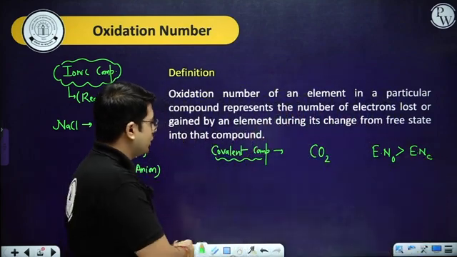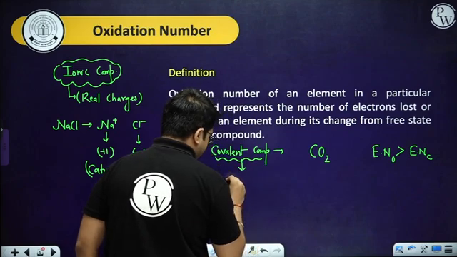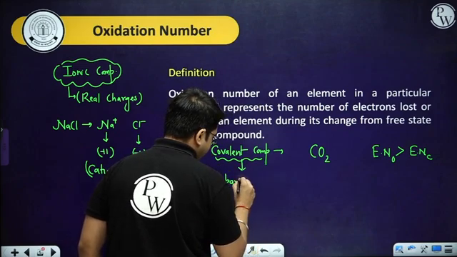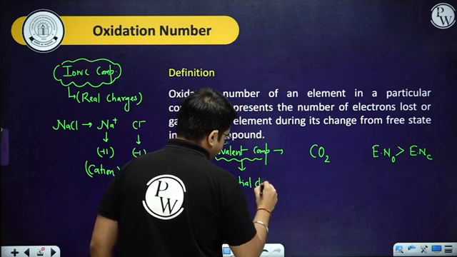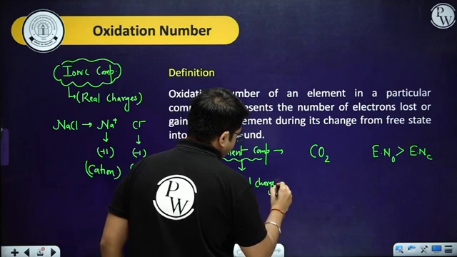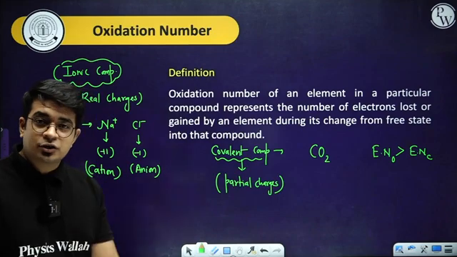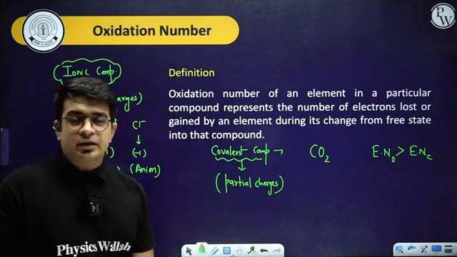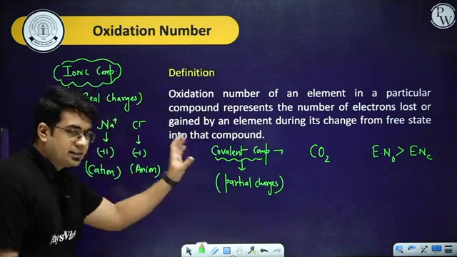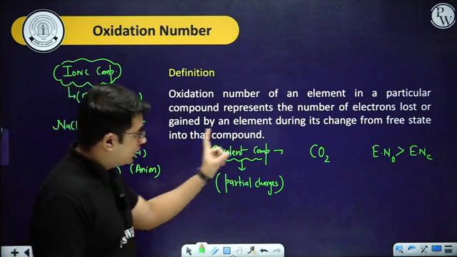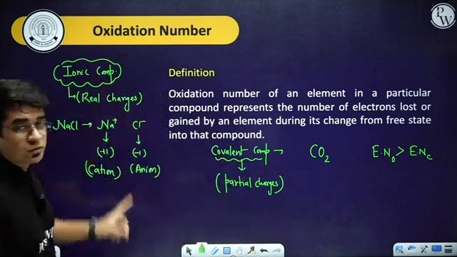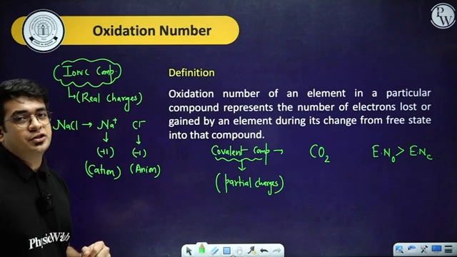So in case of a covalent compound, one thing we know is that there is a creation of partial charges, but there is no creation of real charge. So if I want to explain covalent compounds just like ionic compounds, then I can use the concept of oxidation number.